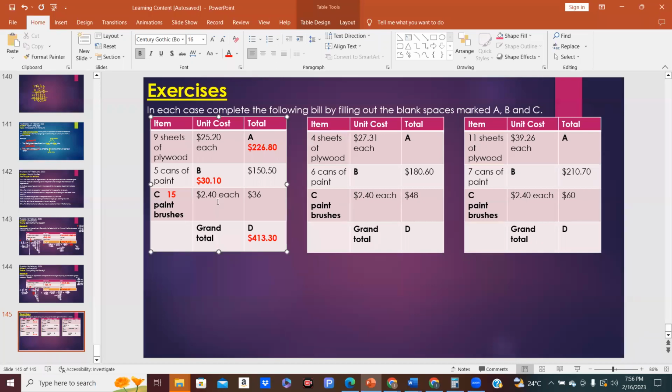Let me double check it. Because you have $229.50, right? For the first one. No, my $229. Then I get $150. No, mine is $416. All right, 229, 150.